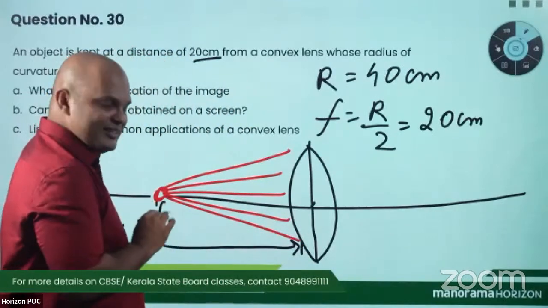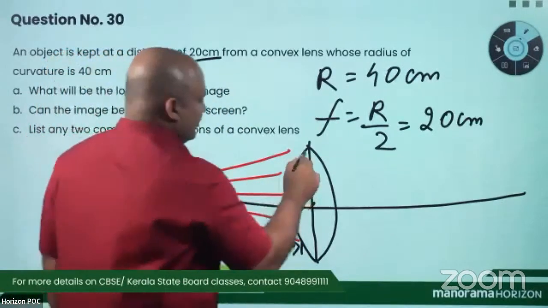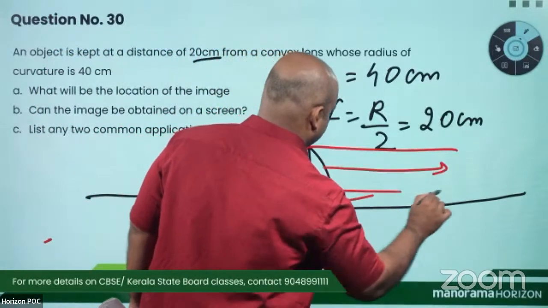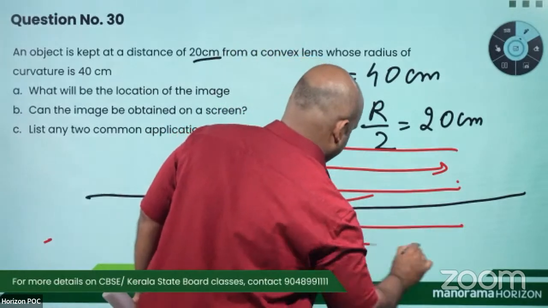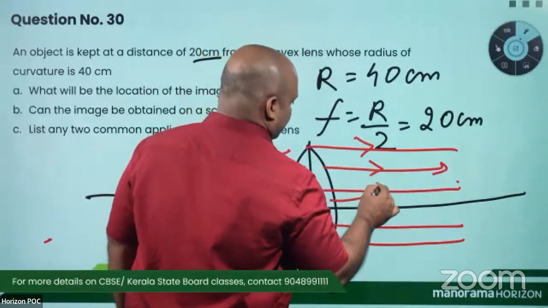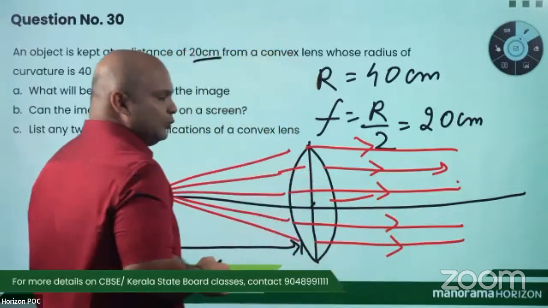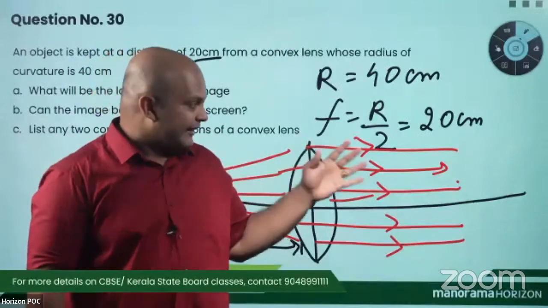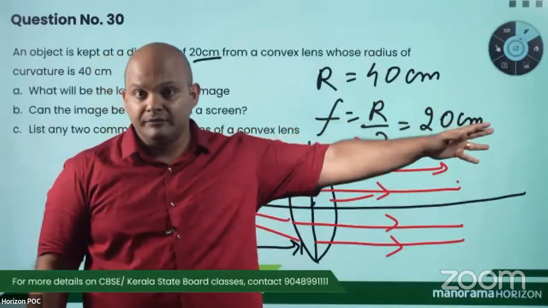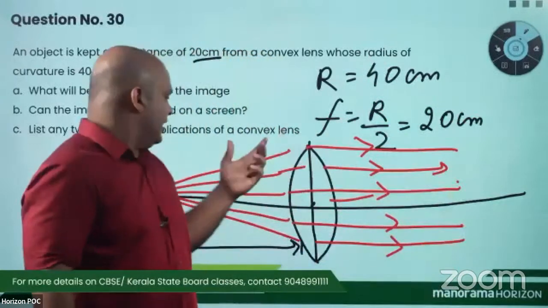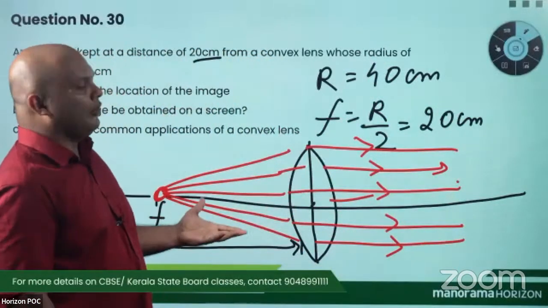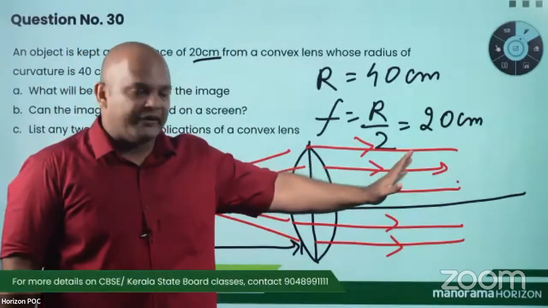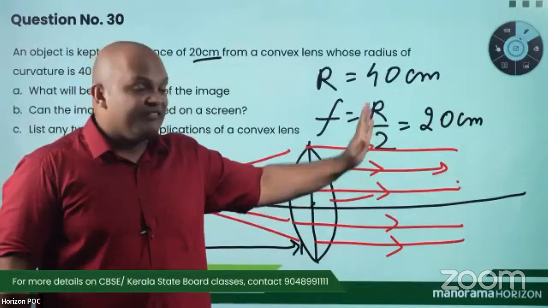Because this object is at the focus, we will notice that all these rays, after traveling through the lens, are parallel to each other. And you may remember this from geometry. We know that parallel rays will meet at infinity. So in this particular case, if the object is placed at the focus of this convex lens, all the emerging rays after refraction are traveling parallel to each other. So they will meet at infinity.